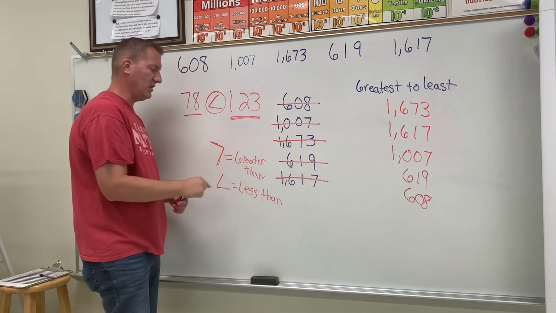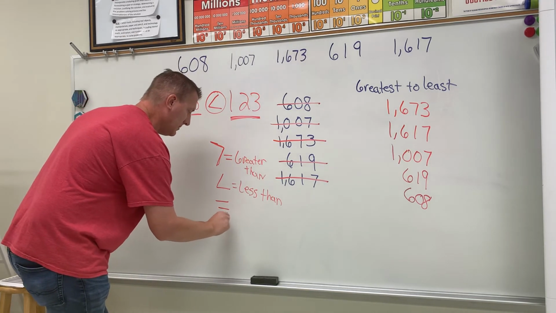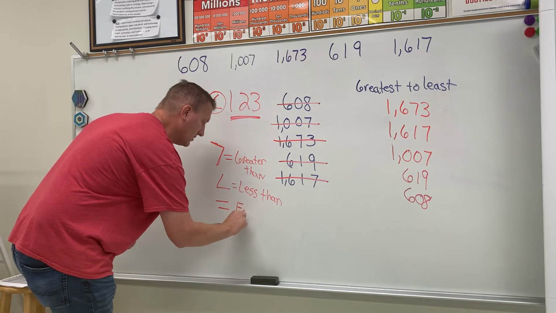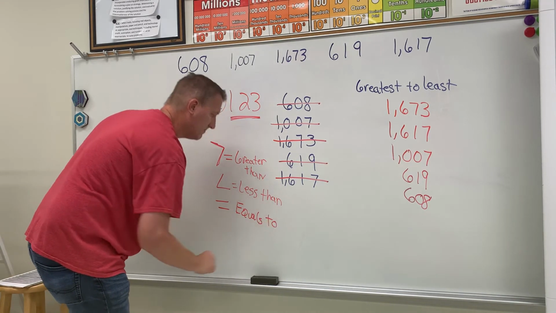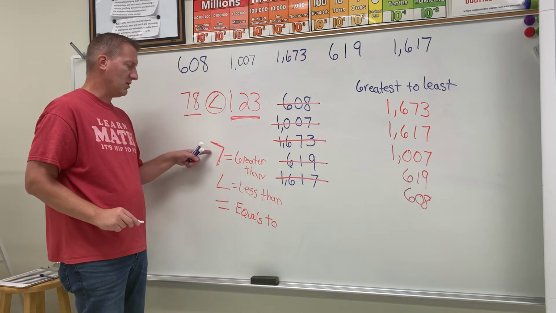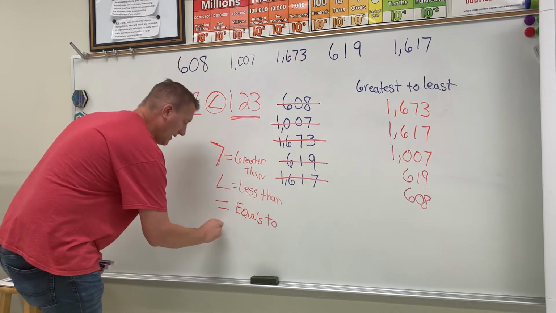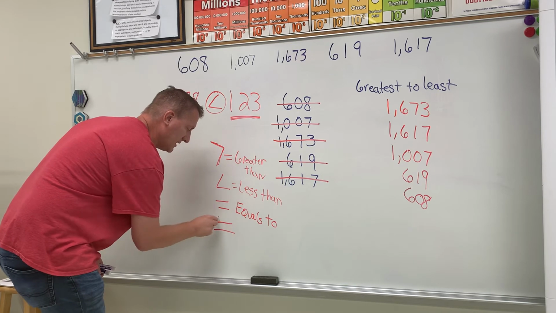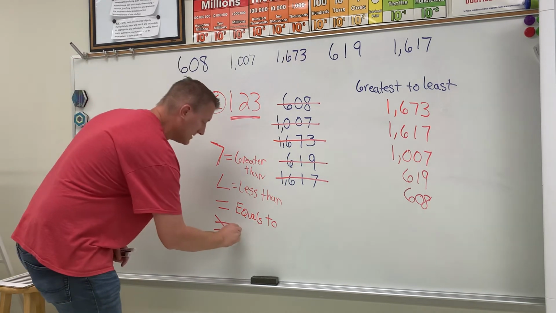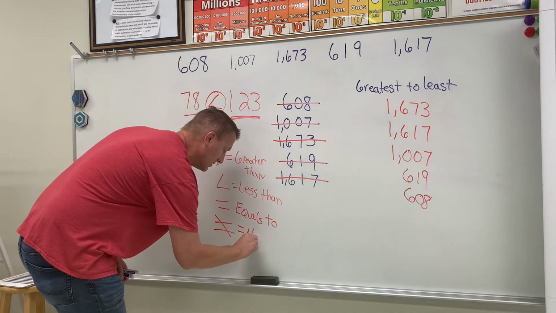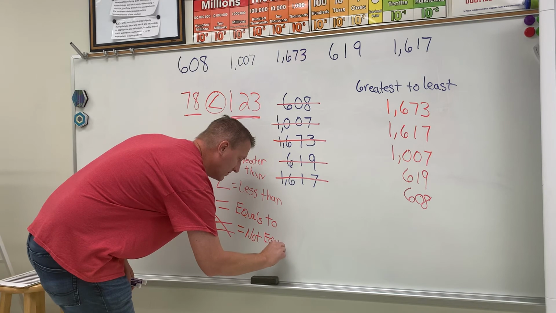And that's a review from 3rd grade. And what is it if it's the same? Then it's equal to. Okay, so you got greater than, less than, equal to, and just in case you ever see this one, what does that one mean? Well, that one's not equal to.